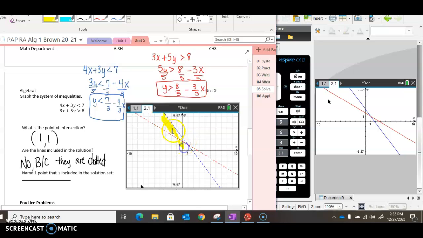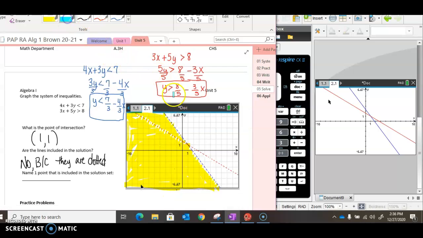I'm going to shade below this blue line right here. And then it's y is greater than, just greater than, not or equal to, 8 over 5 minus 3 over 5x.